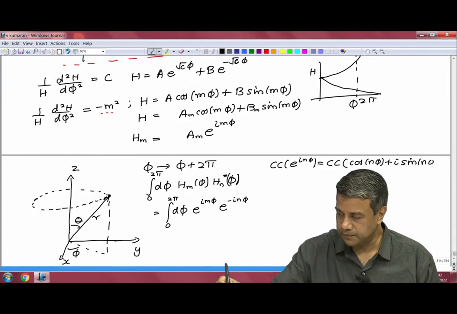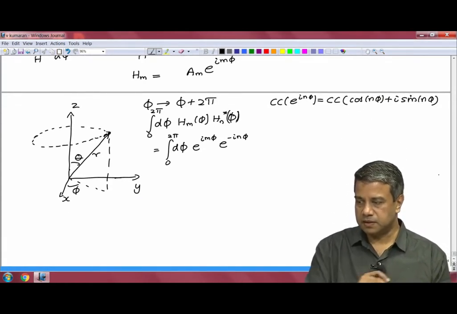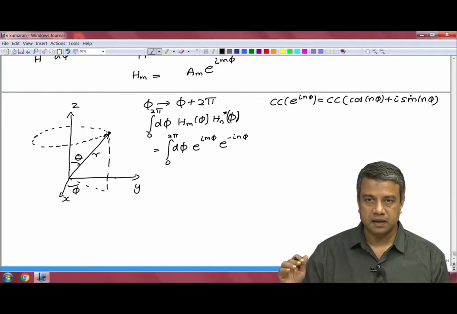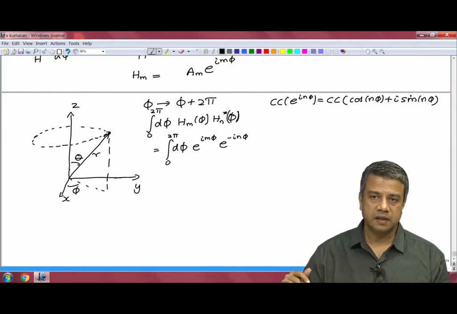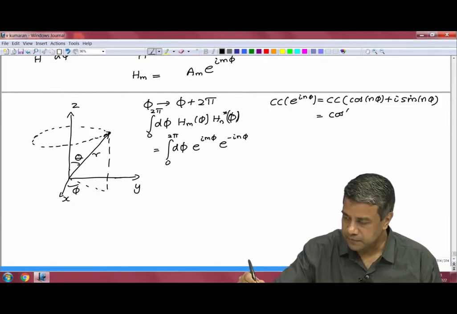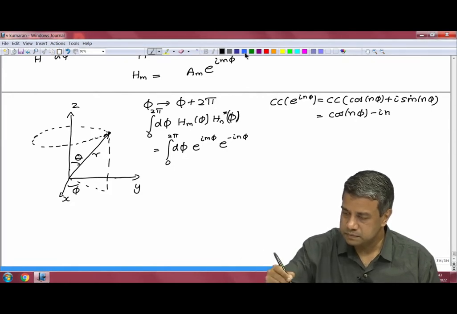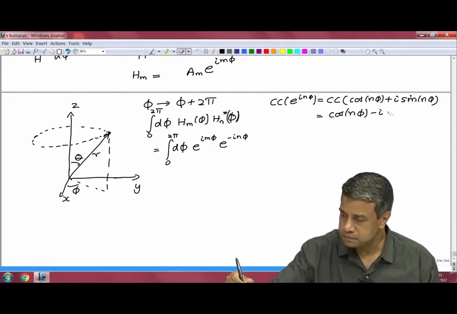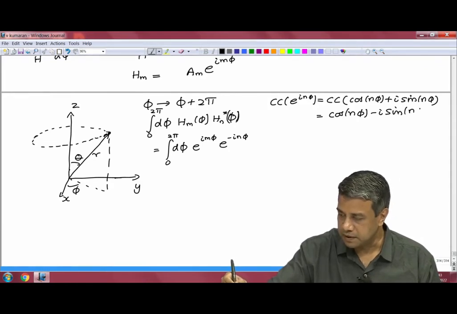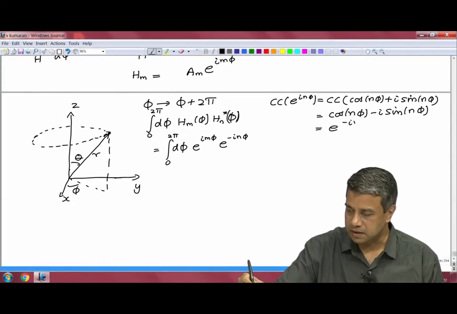In a complex number you change the sign of the imaginary part. So, this is equal to cos of n phi minus I sin of n phi, which is equal to e power minus I n phi.